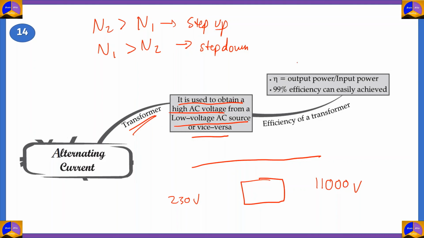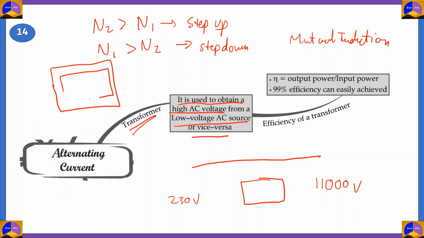So what it does is it uses the property of mutual induction, and it either increases or decreases the voltage as required. A transformer is basically a rectangular coil of soft iron core with coils wrapped around it.